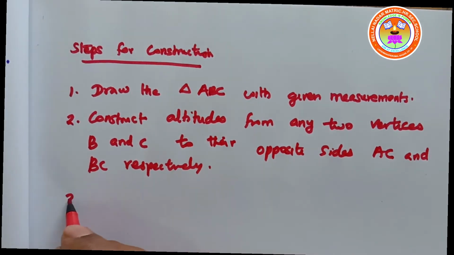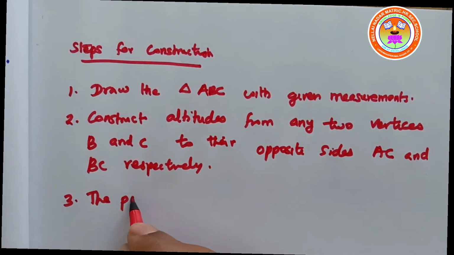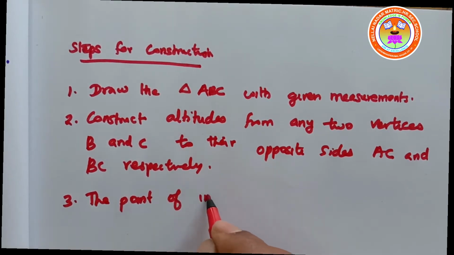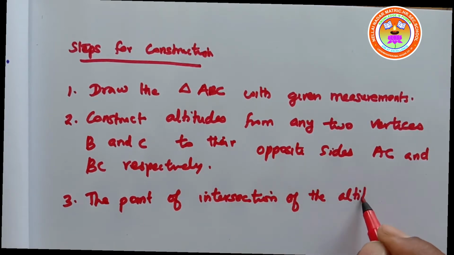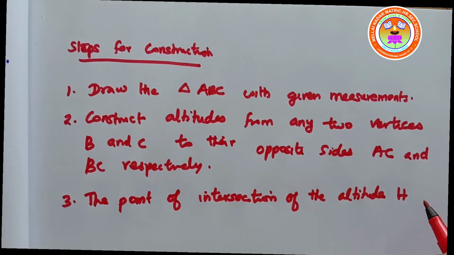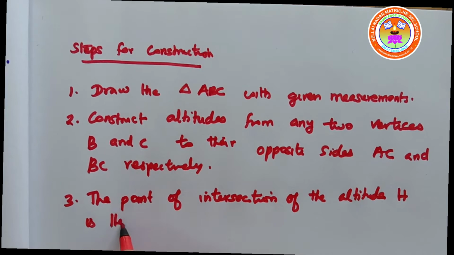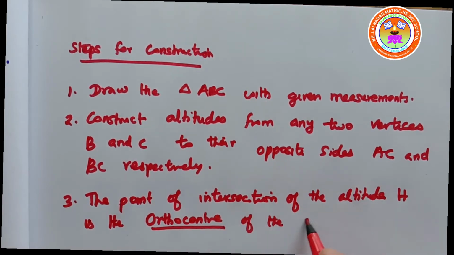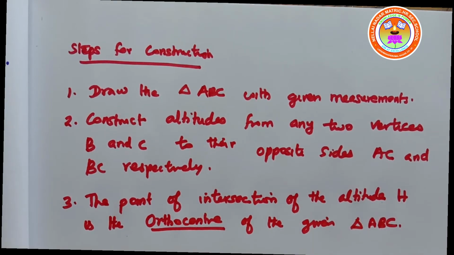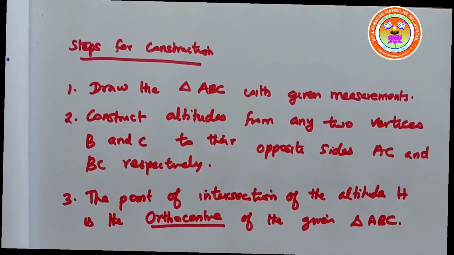And third point, the point of intersection of the altitudes H is the orthocenter of the given triangle ABC. It's clear, children? So we have completed seventh sum.